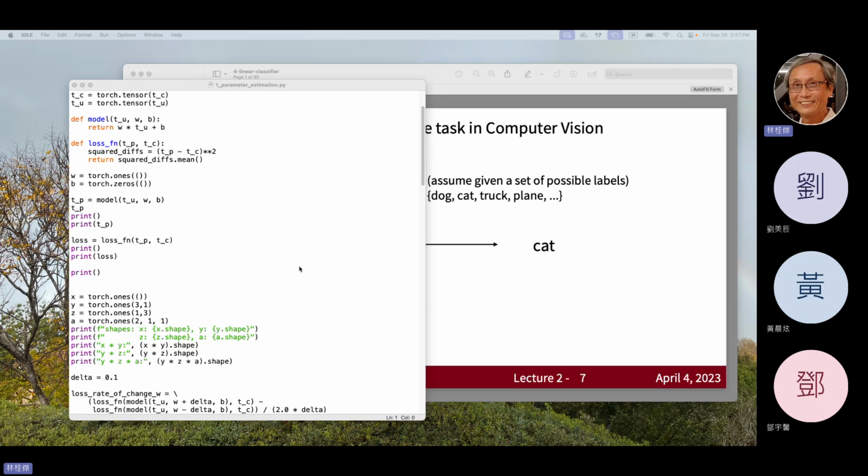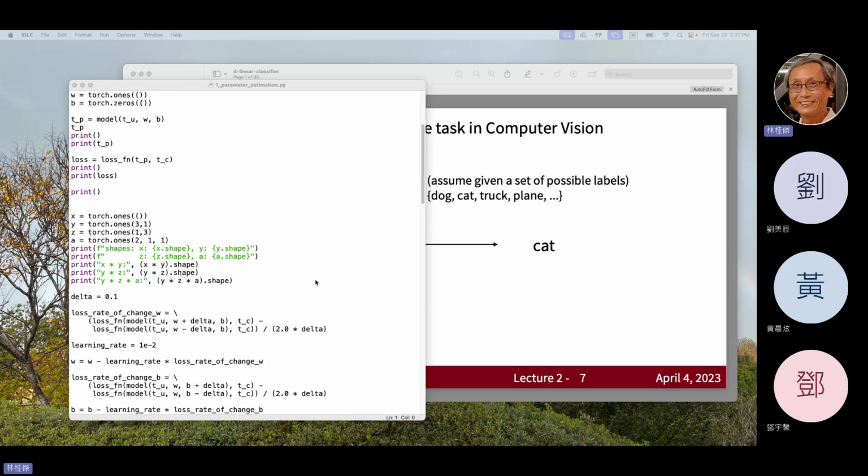And all the other programs here are simply trying to say, okay, now we have this initial model which is zeros and ones, and so we can now go into the training.